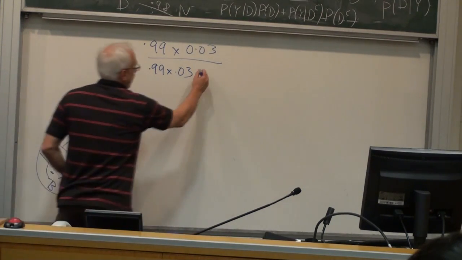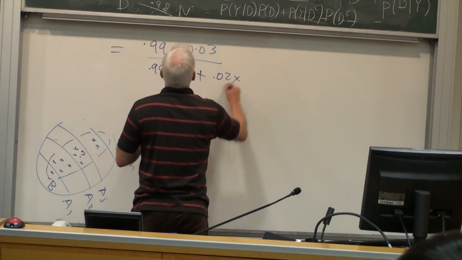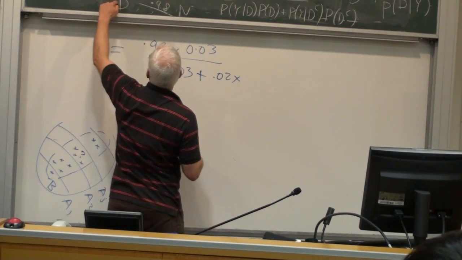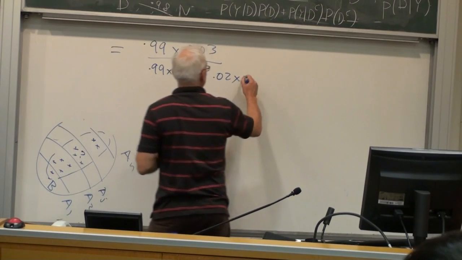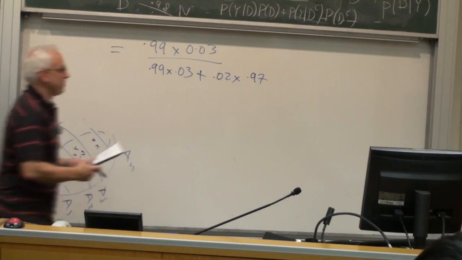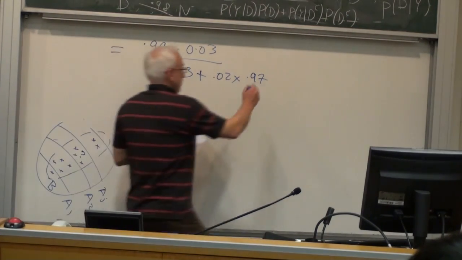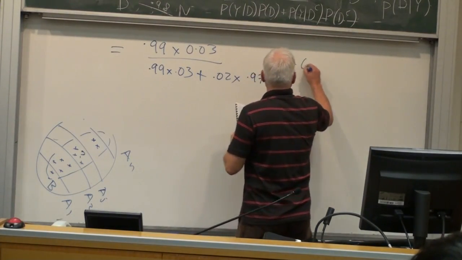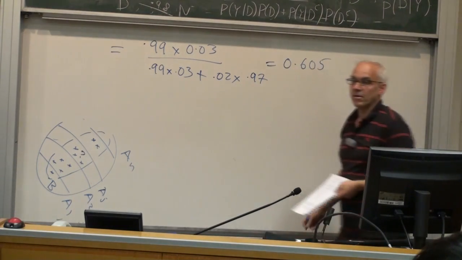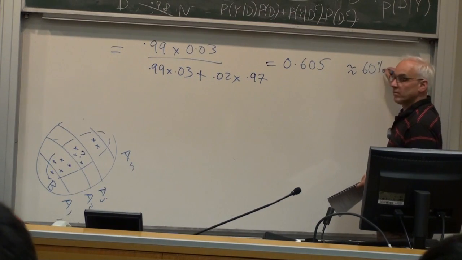And then we have to add the other one, which is this 0.02, that's the probability of y given d complement, times 0.97. Now that turns out to be 0.605. It's roughly a 60% chance.